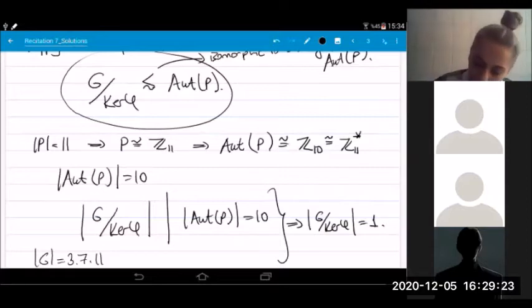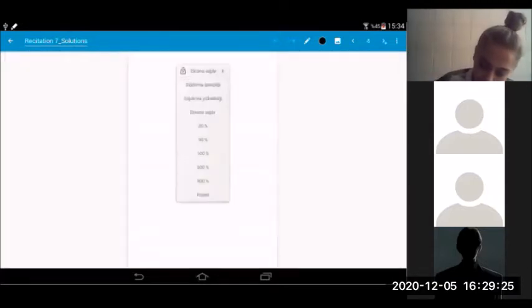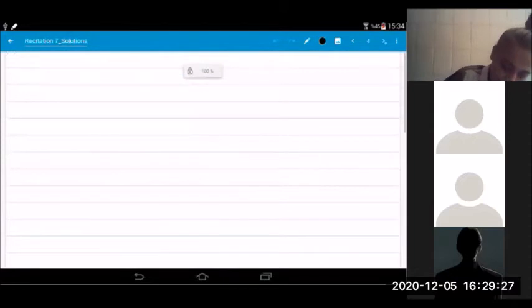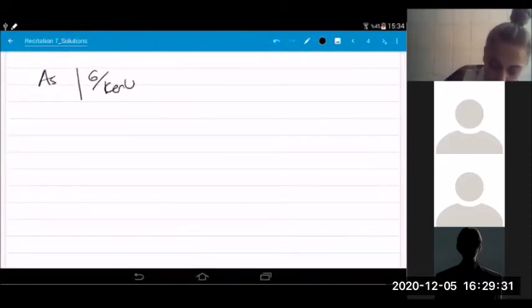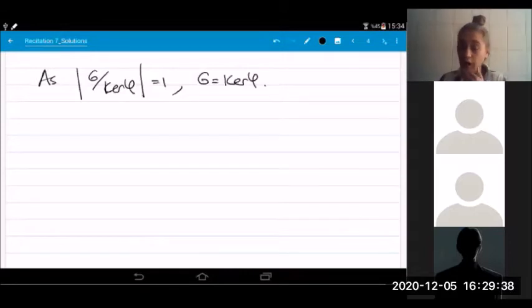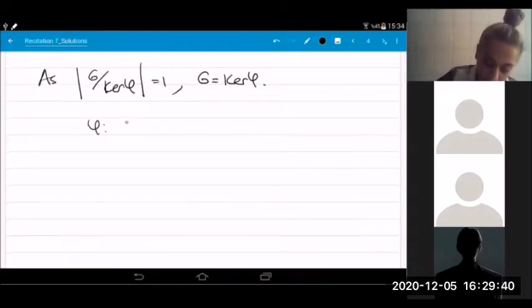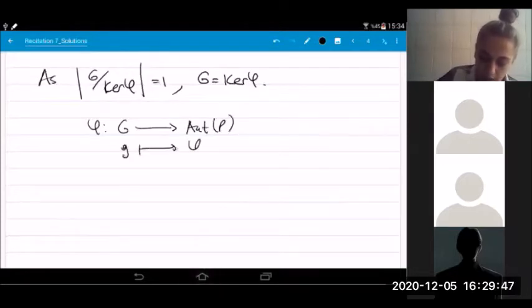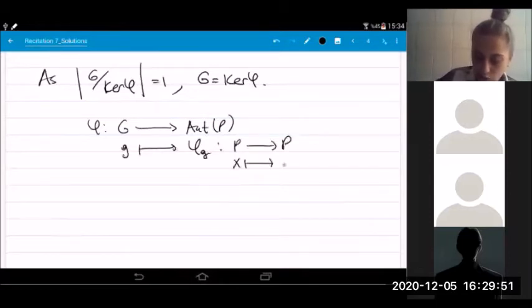Okay? So what does it mean? As the order of G over kernel phi is equal to 1, this means that G is equal to kernel phi. What was the homomorphism? Phi from G to the automorphism group of P, taking g to phi sub g, and this takes an element x to g x g inverse.